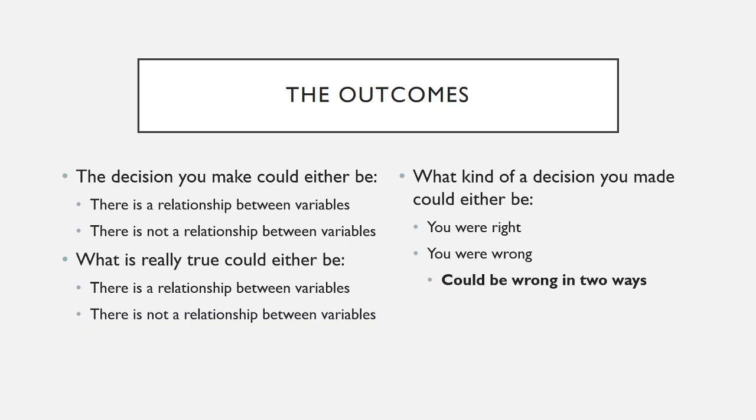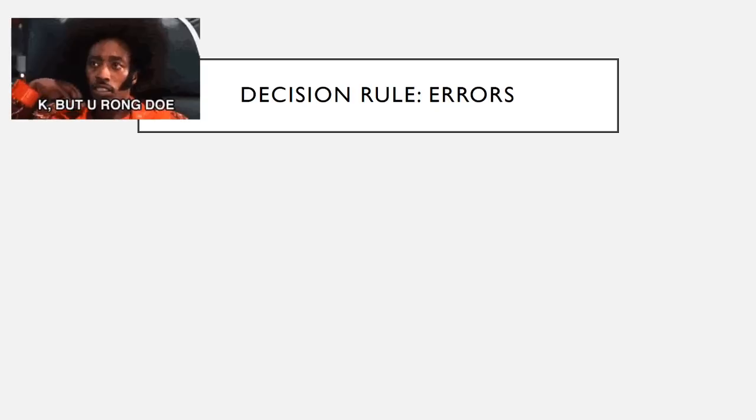We can be right. Whether we conclude there's a relationship or not, we could be right. We always prefer to be right as opposed to wrong. But we could also be wrong in 2 distinct ways. We don't like being wrong, so we want to spend some time thinking about how to quantify our error rate and the different kinds of errors we could make.